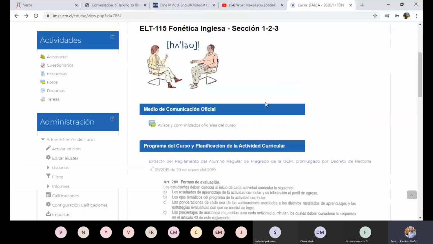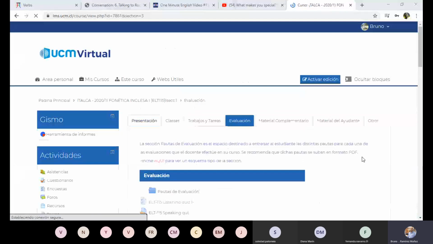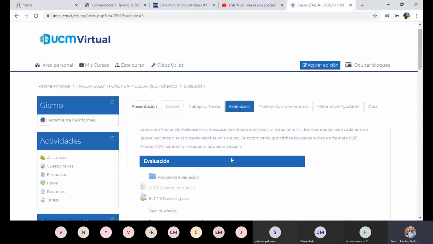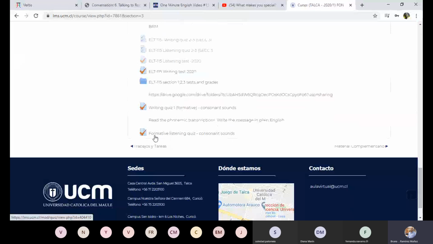In the tab called Evaluación, if we go to the bottom, there's a link that says Formative Listening Quiz.